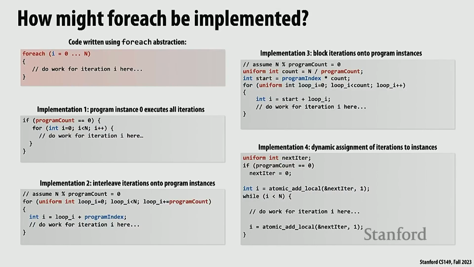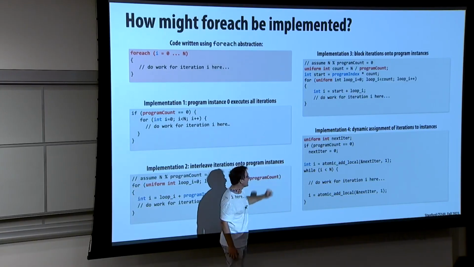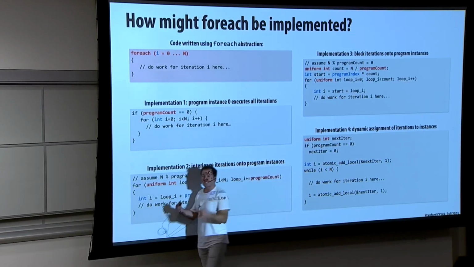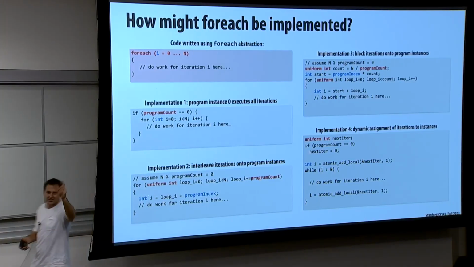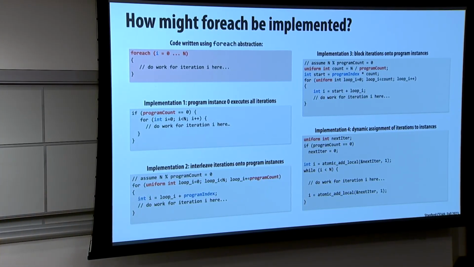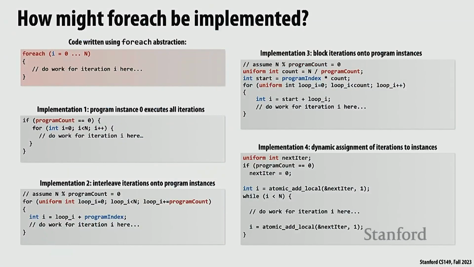I could easily transform it into my first program, where I interleave those iterations over the program instances. Or I could transform it into the blocked version. I could even transform it into a version where the program instances were like, I'll just take the next iteration that nobody else has gotten. All of those are potentially valid implementations.